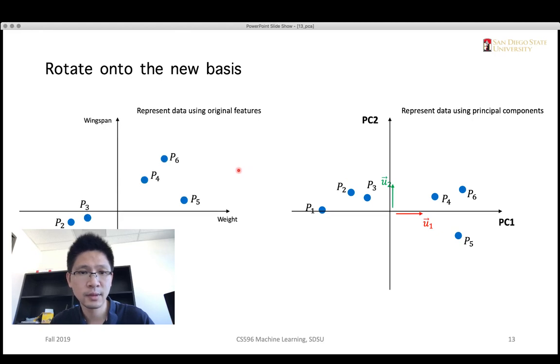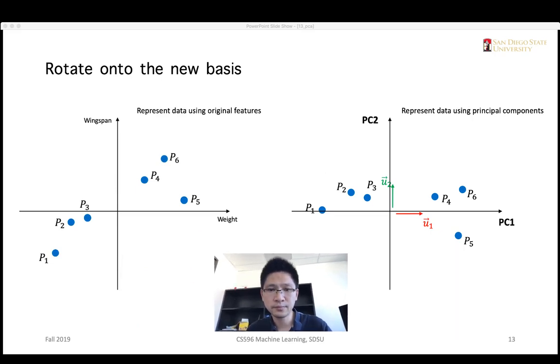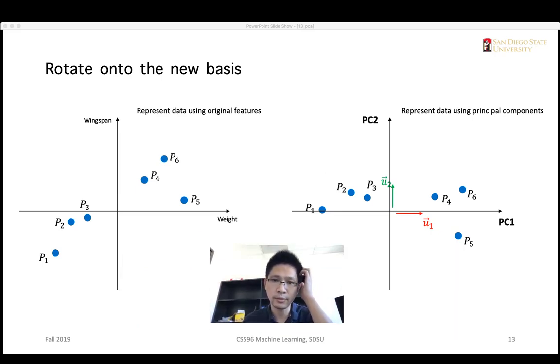Compared with the original, unrotated data points, it is easier to explain the variance among the data points. Because the total sum of squares along PC1 is maximized, PC1 explains more patterns, or more information, in the data points than the original features x1 tilde and x2 tilde.